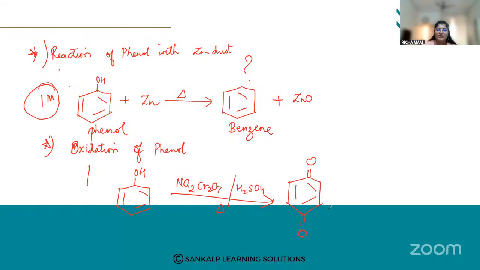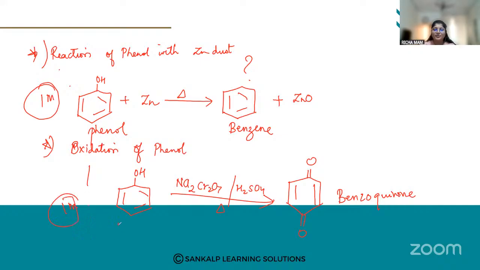So this is the structure of para-benzoquinone. So this is also a 1 mark question, very important.